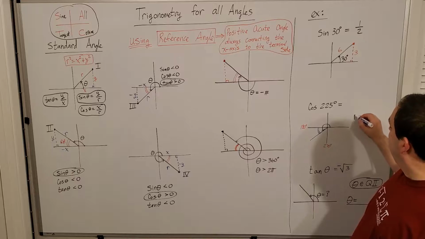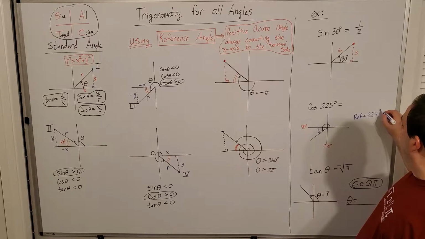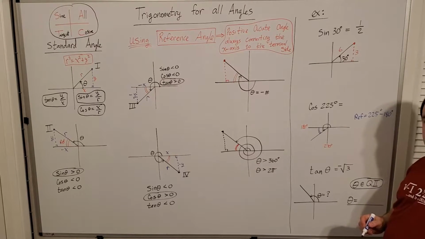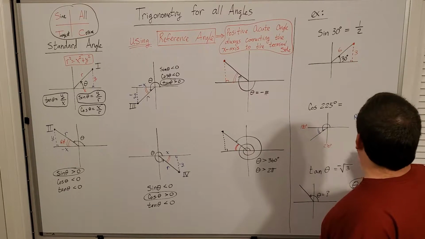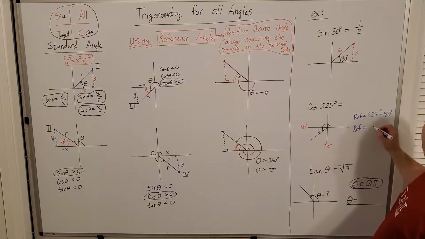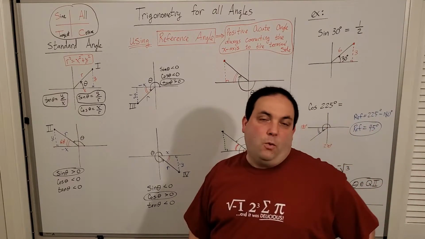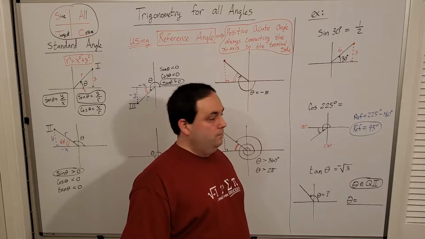So my reference angle would have to be 225 degrees minus 180 degrees, the difference between the two sides there. Okay, so that means that my reference angle is 45 degrees.